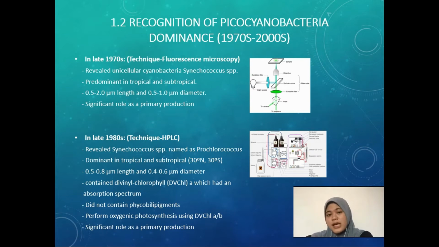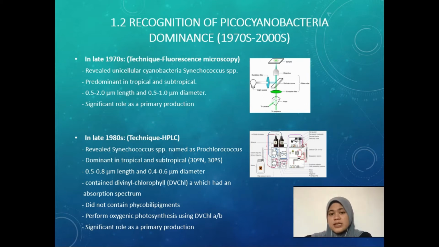By using these techniques, they revealed a new Synechococcus species named Prochlorococcus, and this species dominates in subtropical and tropical regions between latitude of 30 degrees north and 13 degrees south. They have a much smaller size. The range for diameter is 0.4 until 0.6 micrometer, and for length 0.5 until 0.8 micrometer.